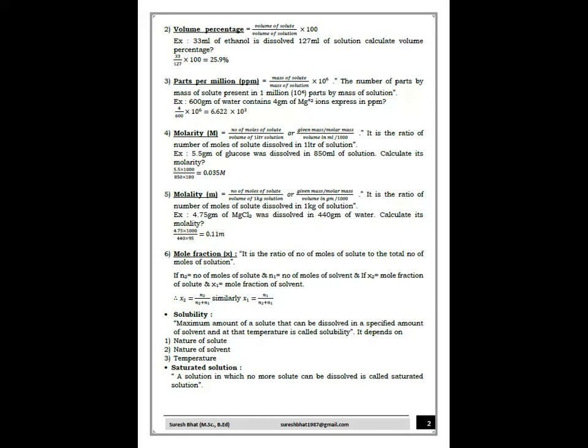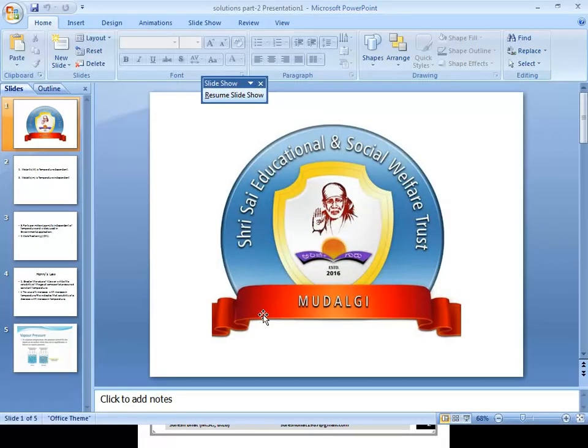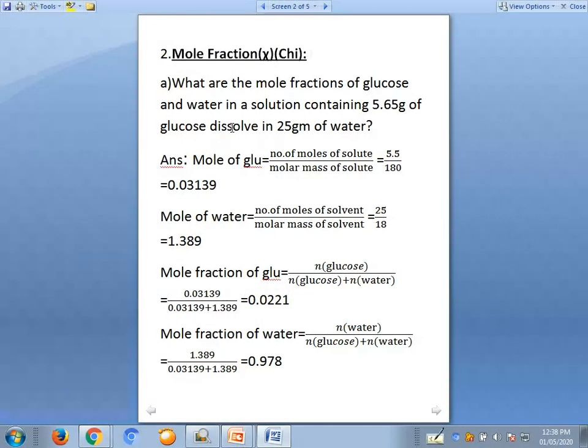We'll also need to solve some examples for this, right? So we'll go for some examples of mole fraction. Here, the first problem is: what are the mole fractions of glucose and water in a solution containing 5.65 gram of glucose dissolved in 25 gram of water?